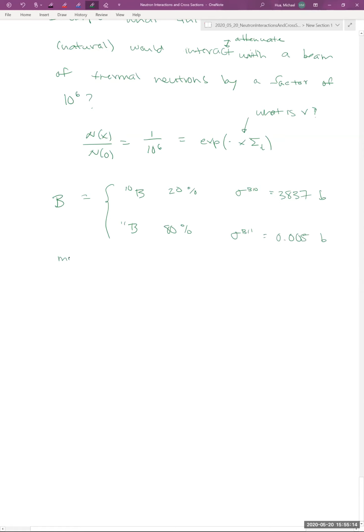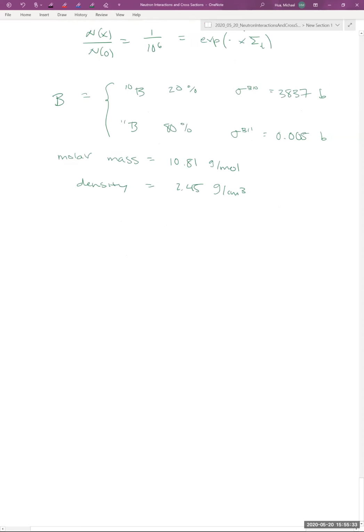Last two things you need is that the molar mass is 10.81 grams per mole, and the density is 2.45 grams per centimeter cubed. And now you have what you need to calculate it.